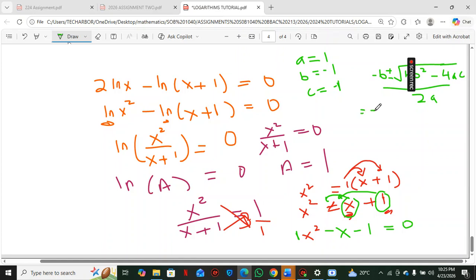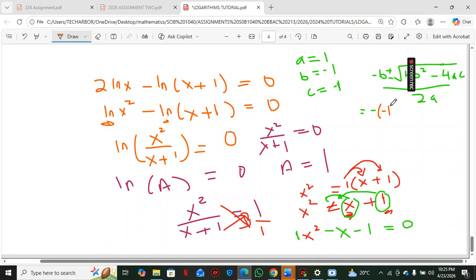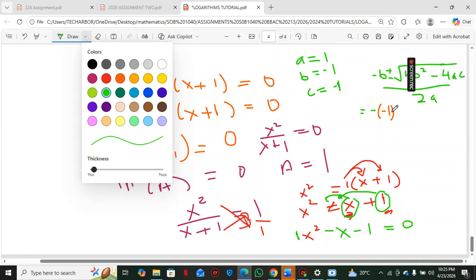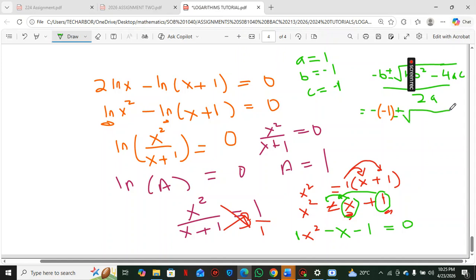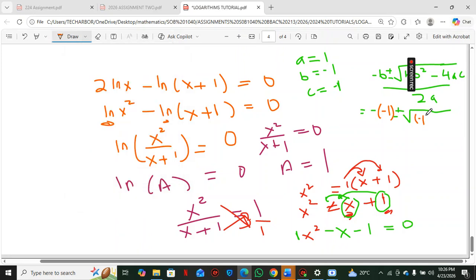B is negative 1, so you're going to say negative, negative 1, plus or minus the square root of negative 1 squared minus 4 times a, which is 1, times c, which is negative 1. Let me make space so that it's clear.